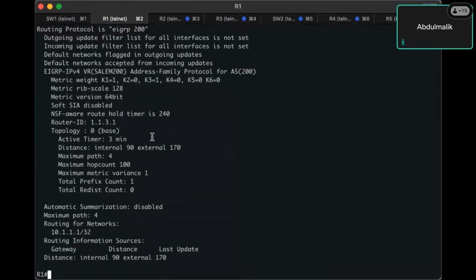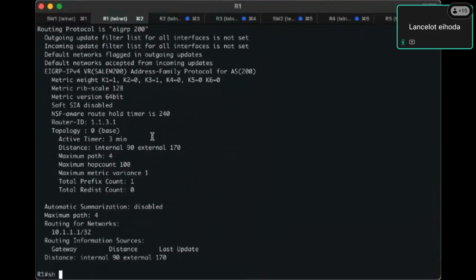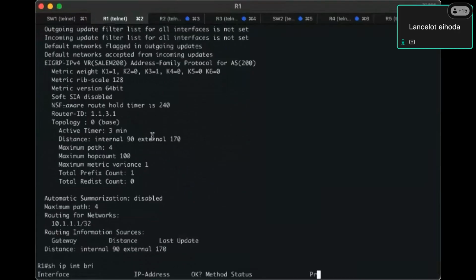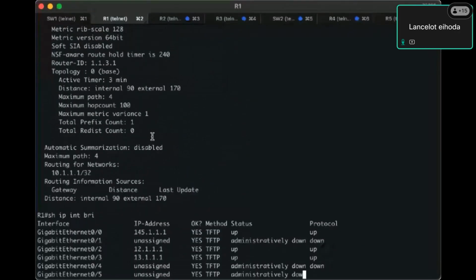So unicast. Remember we are using named mode, and router 1 connects to both routers 4 and 5. If you do a show IP interface brief, you actually see it connects on the 145 subnet.